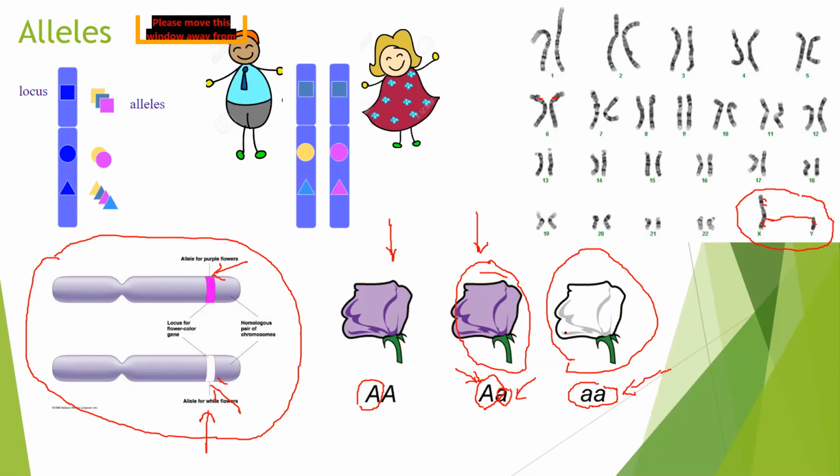One is the dominant allele, which is also called the wild type, because this allele represents a gene that is functional, that is functioning, and it can produce the purple pigment, and this purple pigment can be deposited in the flower. That's why you see the purple flower. However, the second allele, the white one, if you look at the DNA sequence of that allele, it looks very much like the wild type allele, but there are some mutations inside.